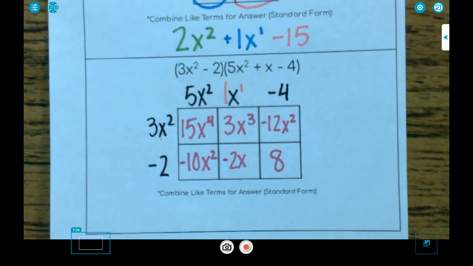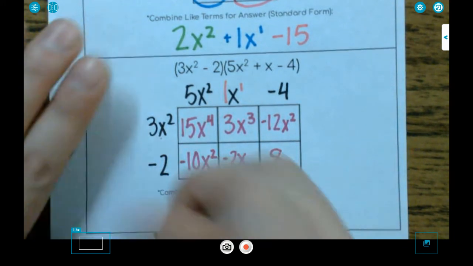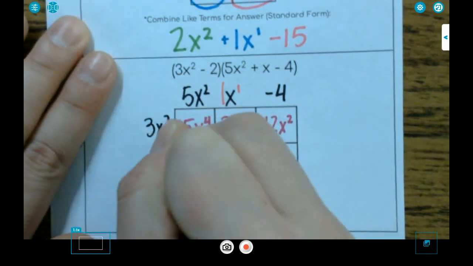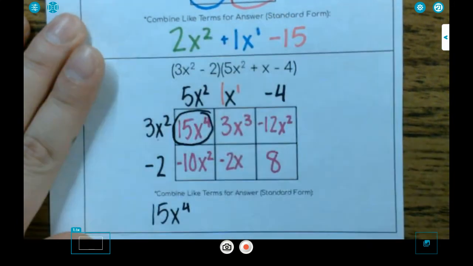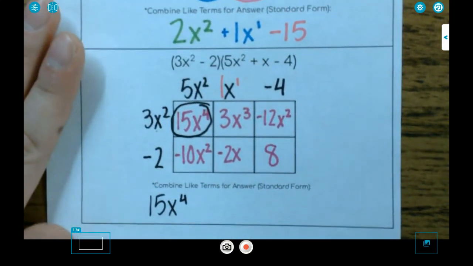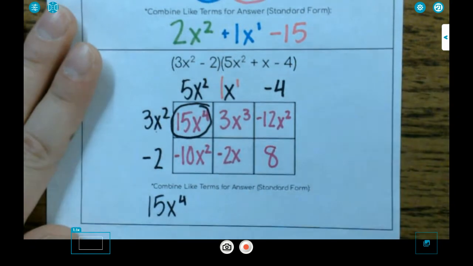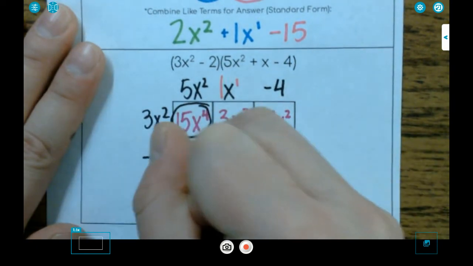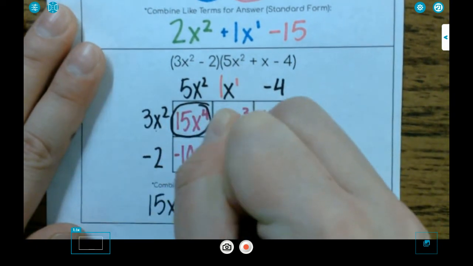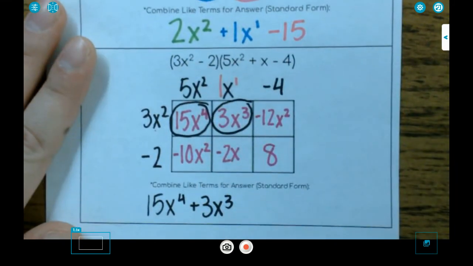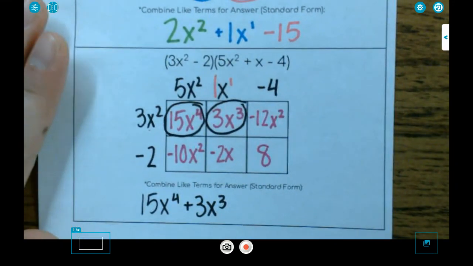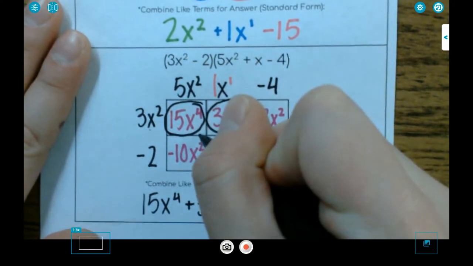Okay, so from here, now we can combine everything. So that 15x to the fourth is my highest exponent, so it'll go first. And I like to either circle or mark off, do something as I go to make sure I use all of them. Then 3x to the third will go next. If it's positive, it's plus. If it's negative, then it's minus. Then I can combine together my negative 10x squared and my negative 12x squared.